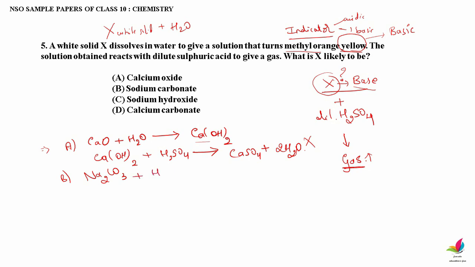So aqueous sodium carbonate on reacting with sulfuric acid will form sodium sulfate plus CO2 plus water. So it will form sodium sulfate, carbon dioxide, which is a gas, and water. As we said, here you can see carbon dioxide gas is evolved. So it might be our answer, but still we have to see C and D also.